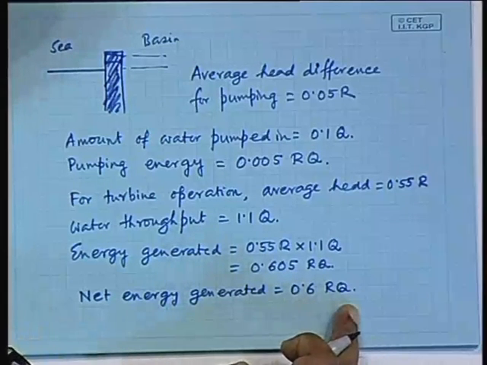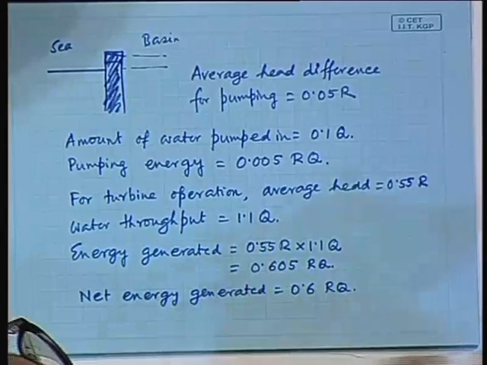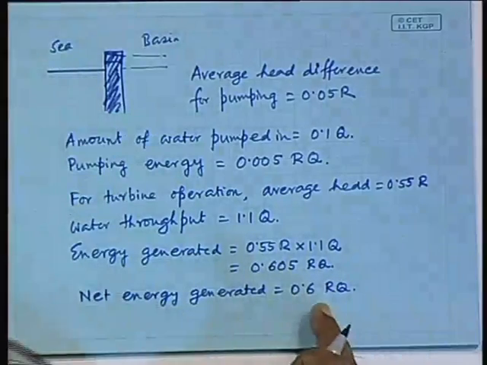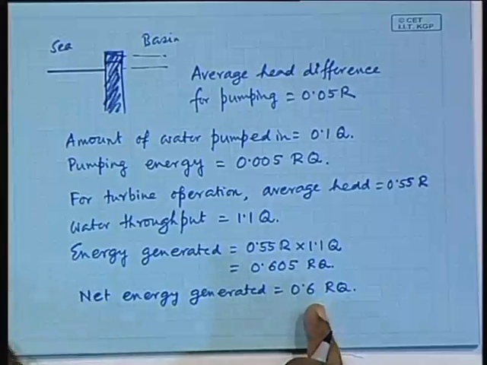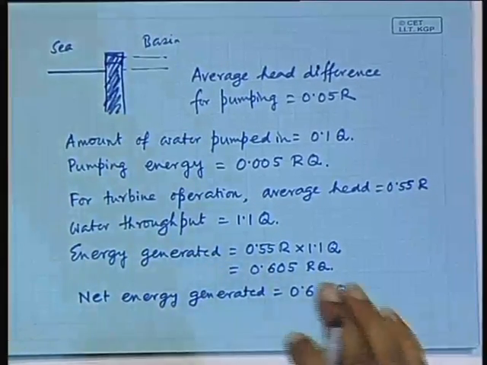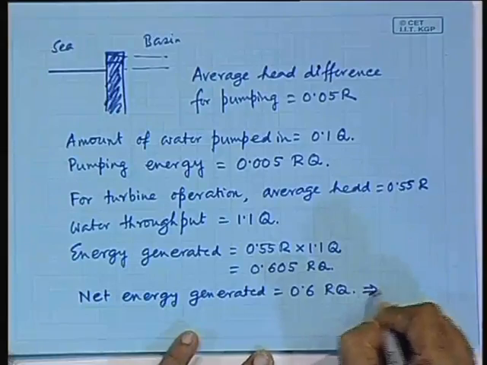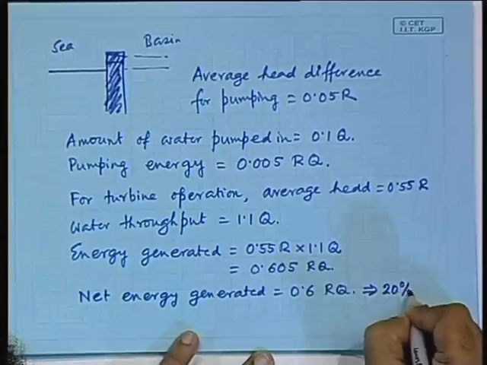Half R Q, right? We have already seen that. So by doing that additional pumping, you have got 0.5 to 0.6. So how much is the gain in percentage? 20%. So this implies a 20% gain.